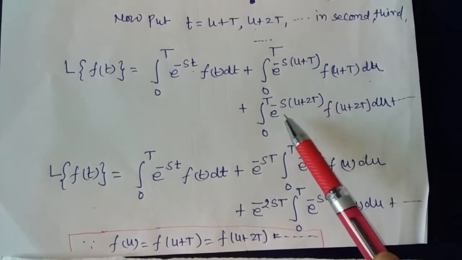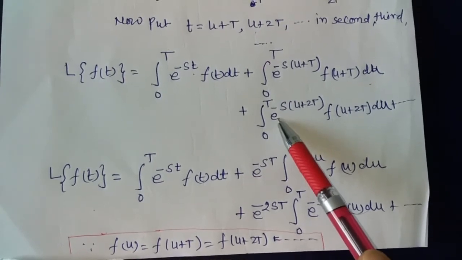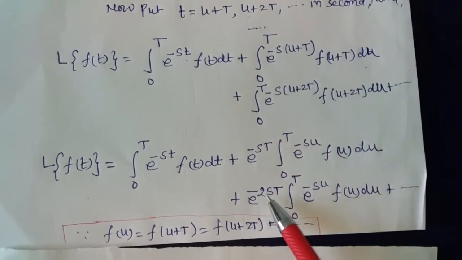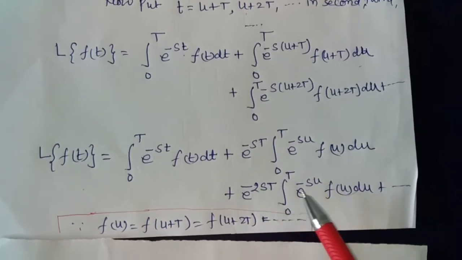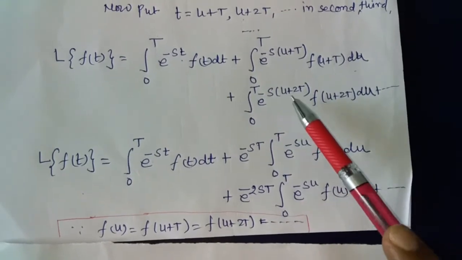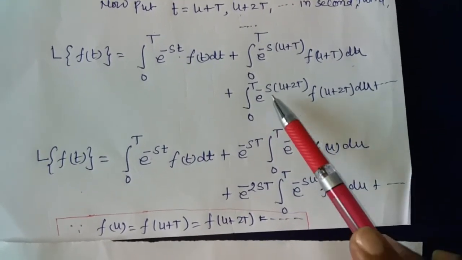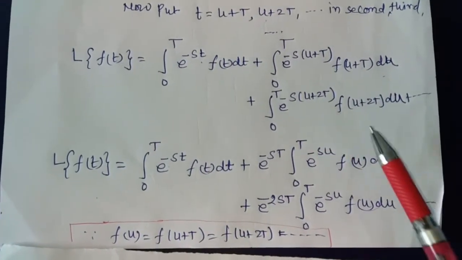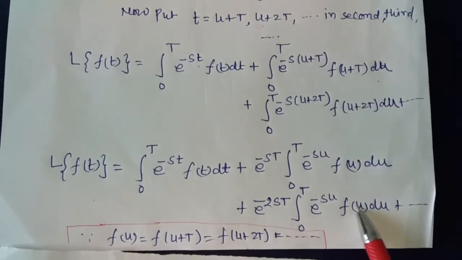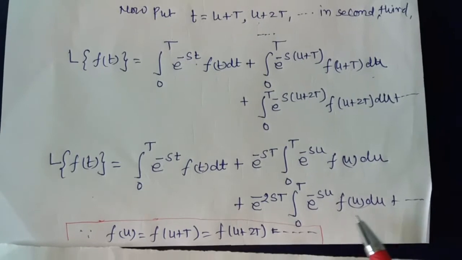Now in this integral e raised to minus 2sT we write outside the integral, and then we have 0 to capital T of e raised to minus su, and this f of (u plus 2T) becomes f of u, as f is a periodic function, and so on.